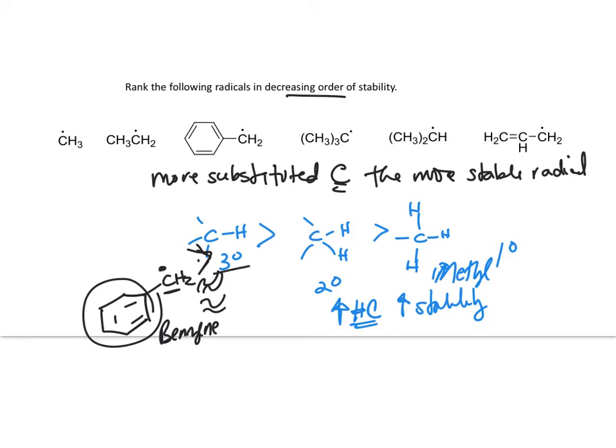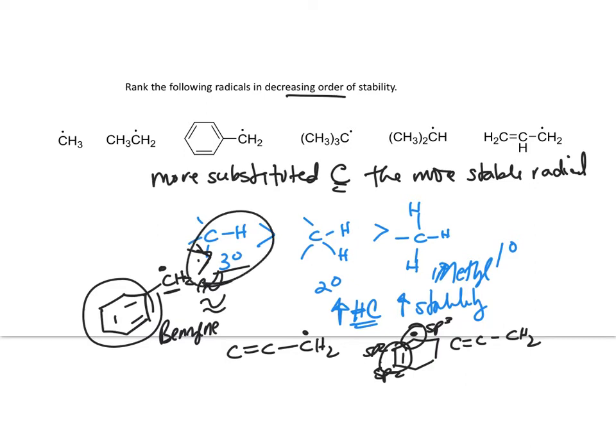And then you also have an allylic, which you'll see drawn like this, or like this. This is a carbon-carbon double bond right next to CH2. These carbons are sp2, sp2, and this would be sp3. And these are just as stable as a tertiary.